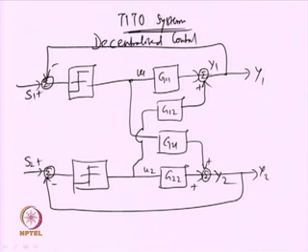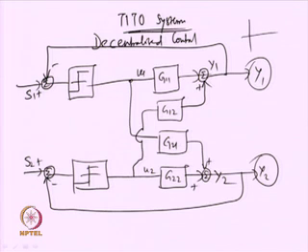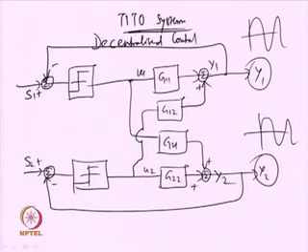In this decentralized relay control system, how do we find the dynamics of the TITO system in terms of either its frequency response characteristics or any other characteristics? So, initially what is done? Basically, the output signals are measured. The output signals will be sustained oscillatory signals, so they can assume different forms like this.